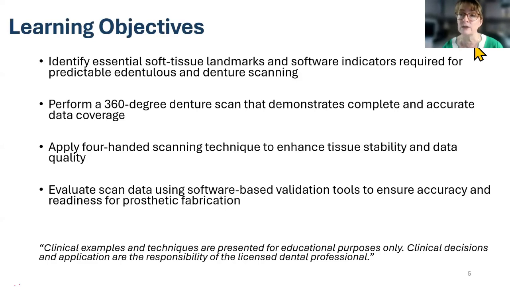Yen is going to demonstrate an example of a 360-degree denture scan. We're going to provide you some helpful scanning techniques to offer soft tissue stability and some different tools that you can use to do that. And then lastly, we will evaluate some scan data using software validation tools to ensure accuracy and that it's really ready to go to the lab.